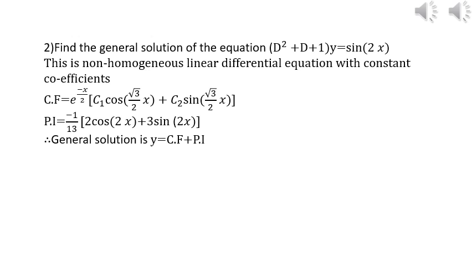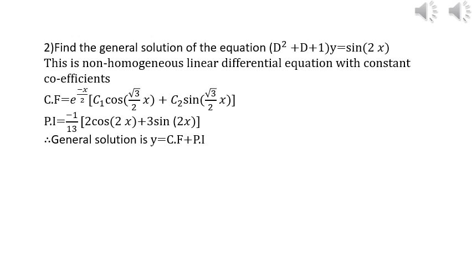Second term is 3 sin 2x. First term D sin 2x. As I told already, D is for differentiation. So differentiate it, we get cos 2x into 2. Therefore, the particular integral is minus 1 by 13 inside the bracket 2 cos 2x plus 3 sin 2x.